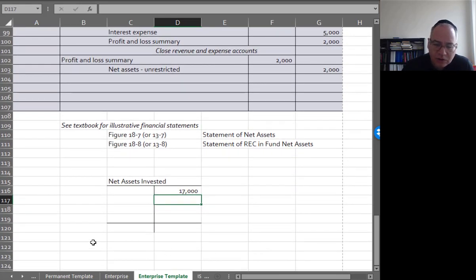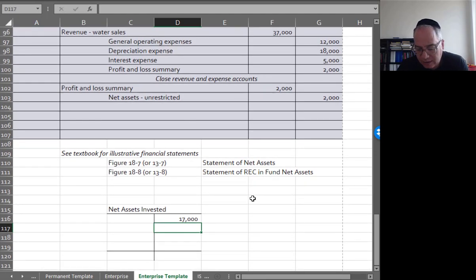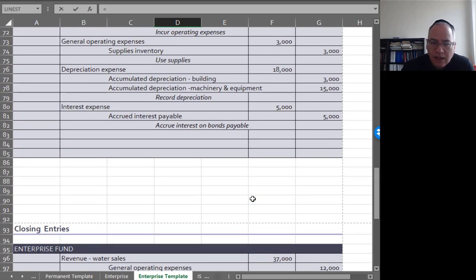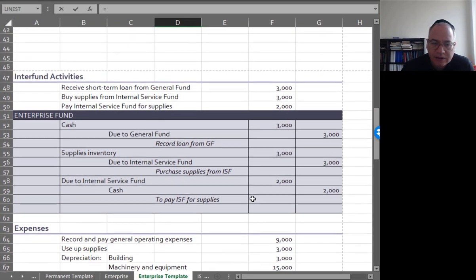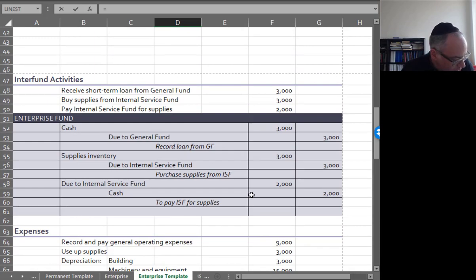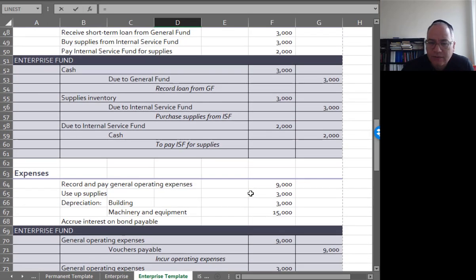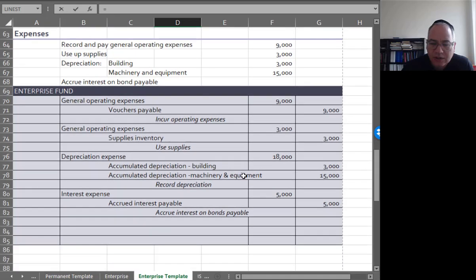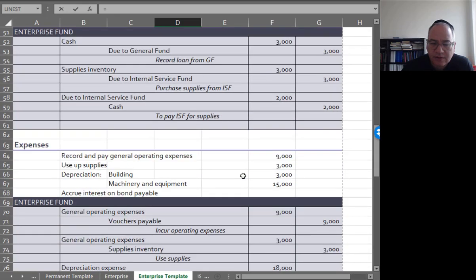And how much should I have? So I had additional purchases. I bought some stuff here, right? I had additional purchases of the machinery, wherever it is.